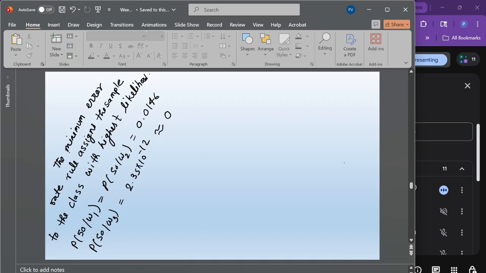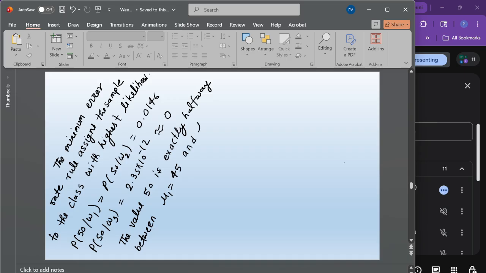So the value 50 is exactly halfway between mu 1, which is 45, and mu 2, which is 55.